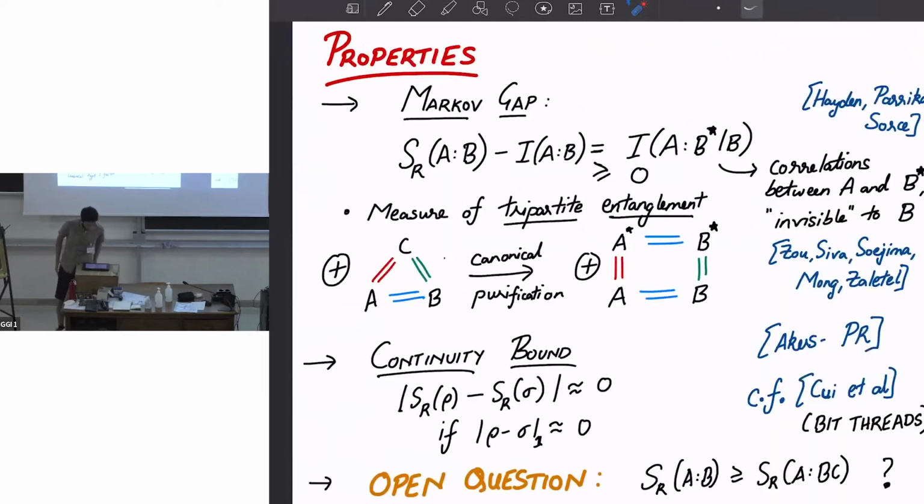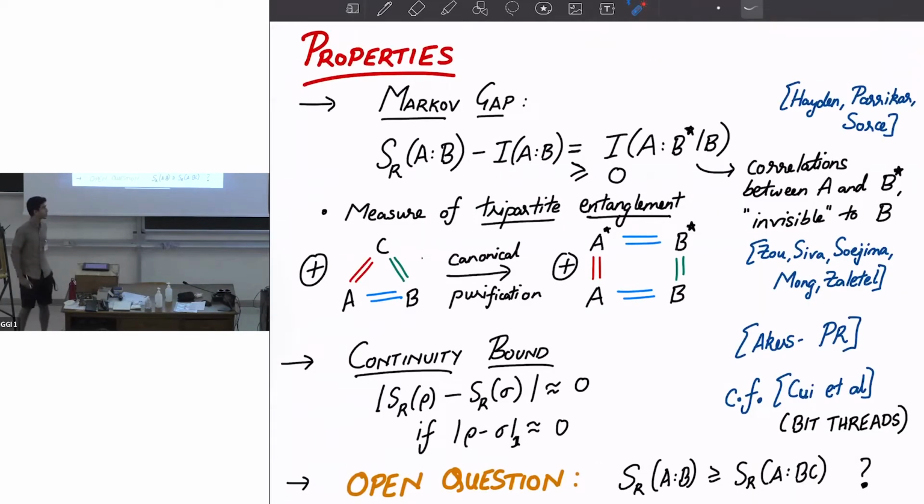Okay, good. So let me briefly mention what the important properties are and why it's useful as an entanglement measure. One of the most important things that I'll talk about is that the difference between the reflected entropy and the mutual information between two systems, both of which are correlation measures, can be written as a conditional mutual information.